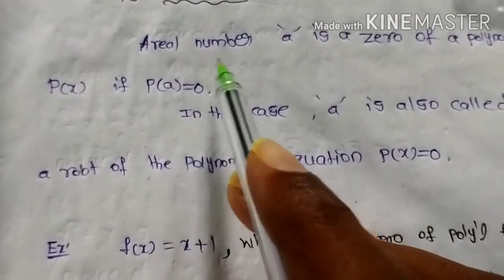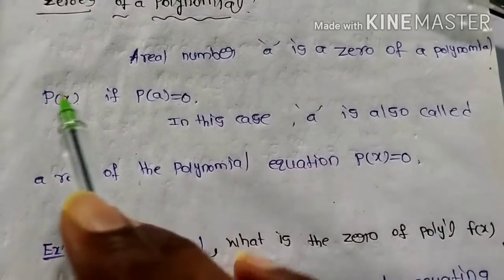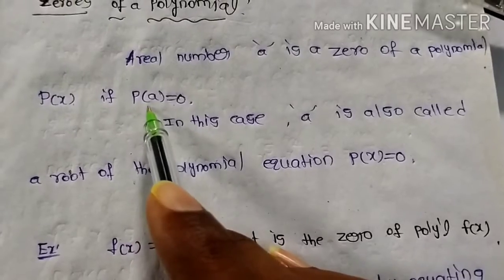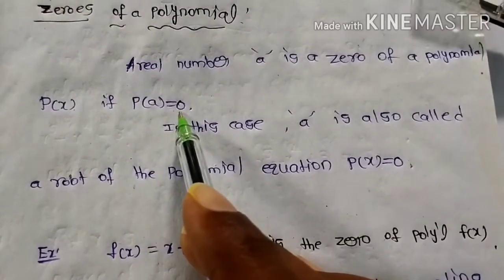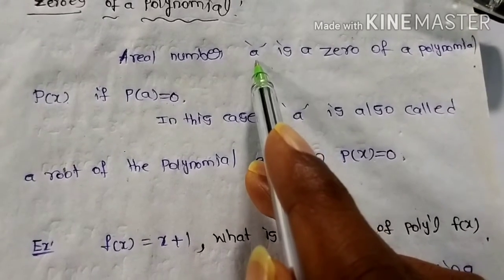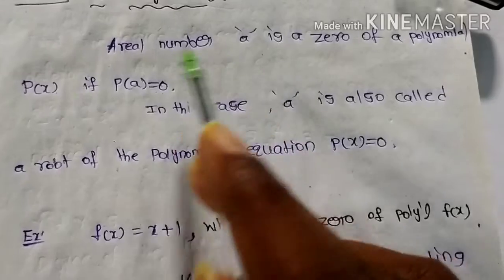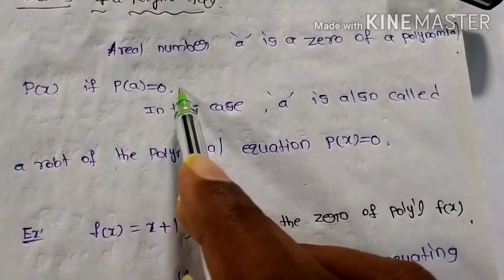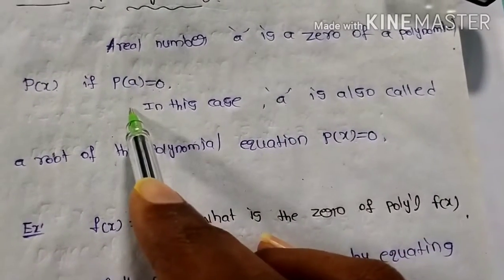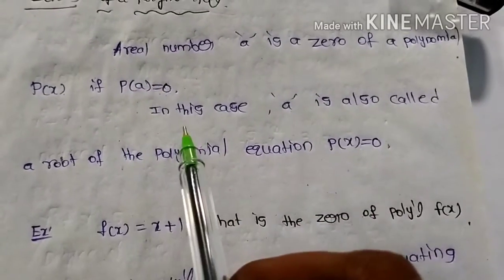A real number a is the zero of a polynomial p of x if p of a is equal to 0, whatever it may be. First you take that value a. If you are substituting a instead of x and you are getting 0 as your result, then that is called a zero of a polynomial or a root of a polynomial.